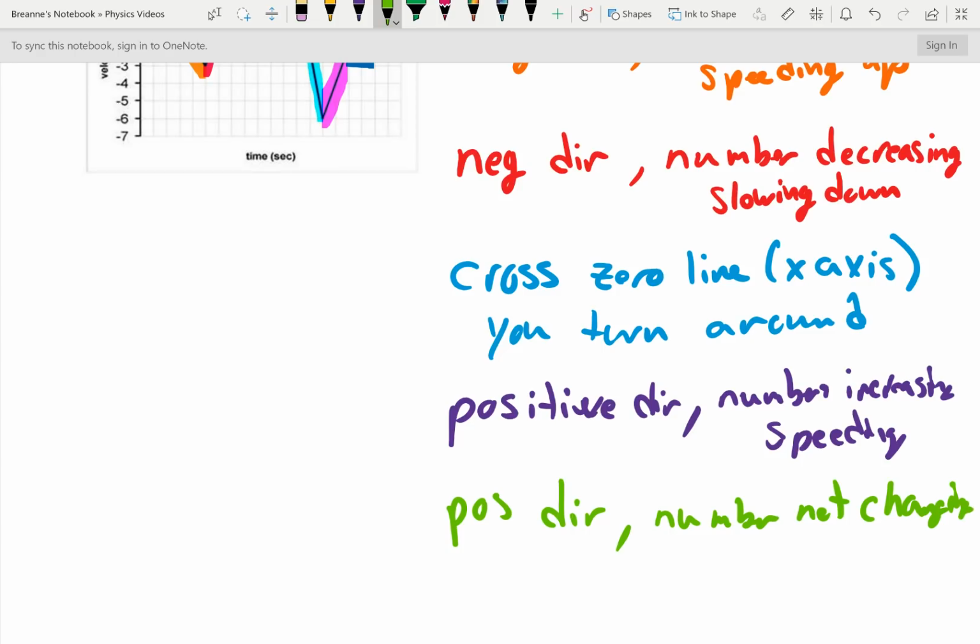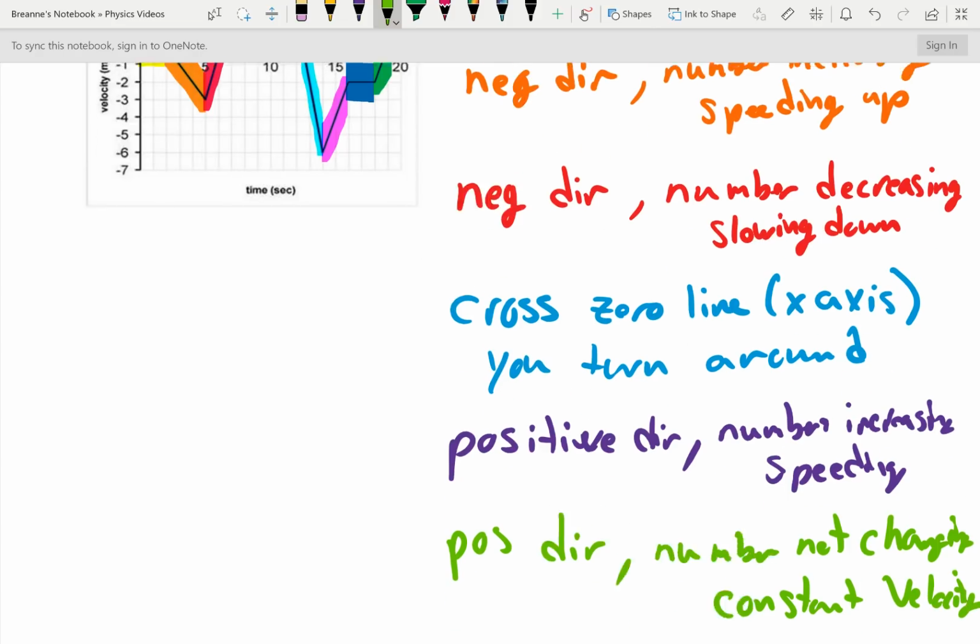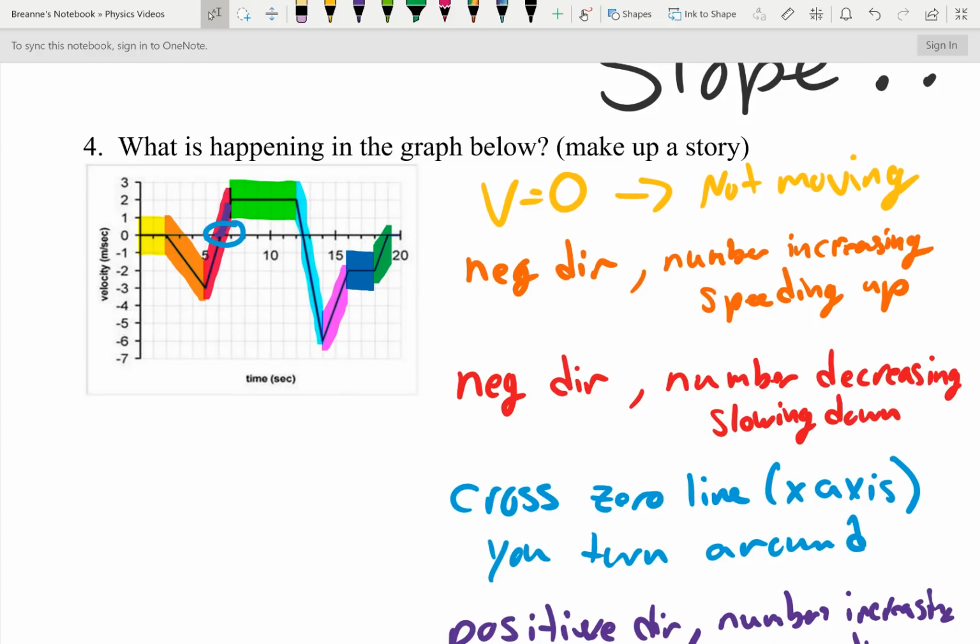So that means you have a constant velocity. You're still moving because it's a velocity time graph. Your velocity is just constant. It's not changing.